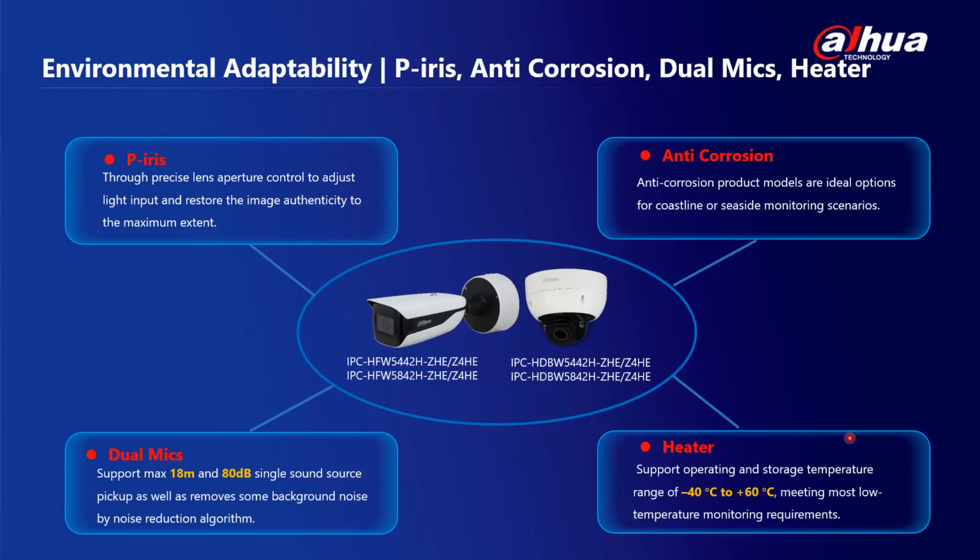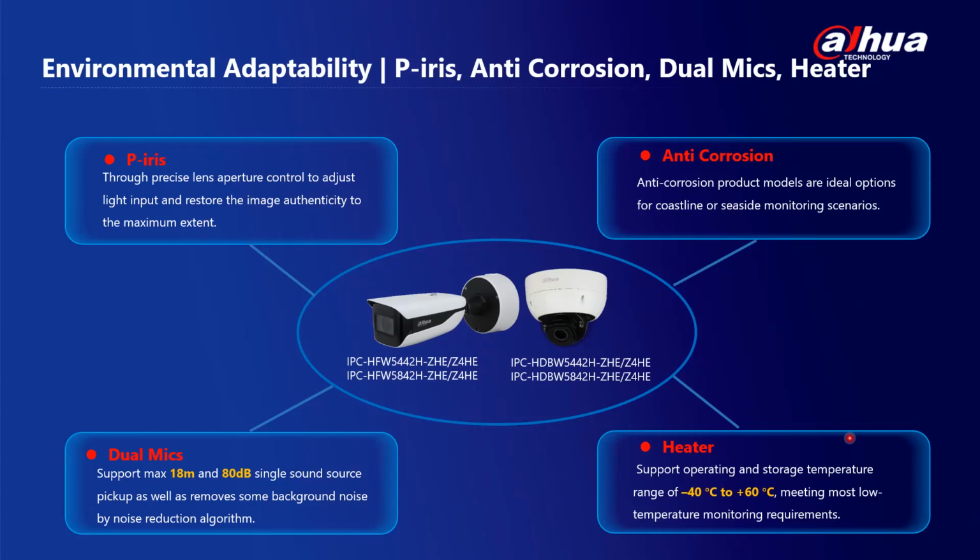So those auto iris lenses had some other issues. But this p-iris provides improvements in the image contrast, image clarity, image resolution, and again, the image depth of field. So this gives you those complete, rich details about what the camera has captured.